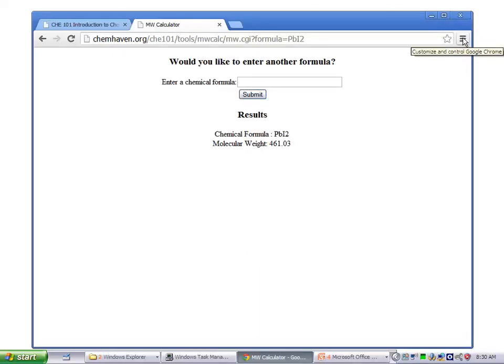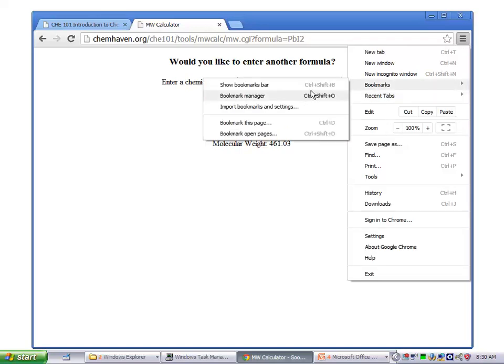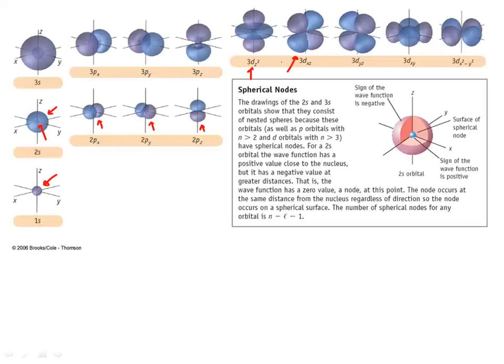Let's see, if we go to our favorites. Where's my bookmark thingies? Show bookmarks bar. What? There is none there? Oh darn it. I want to copy that somehow. Never mind. We'll go there later maybe.